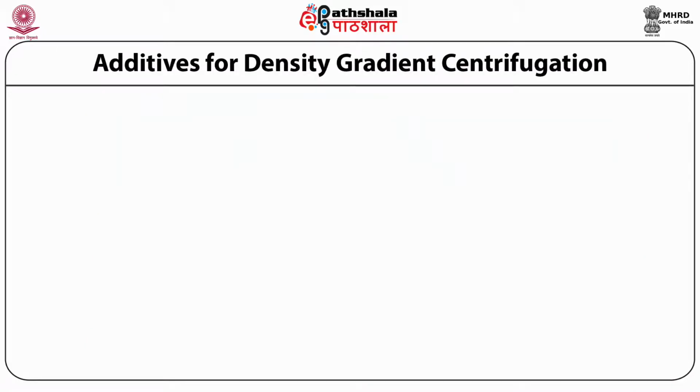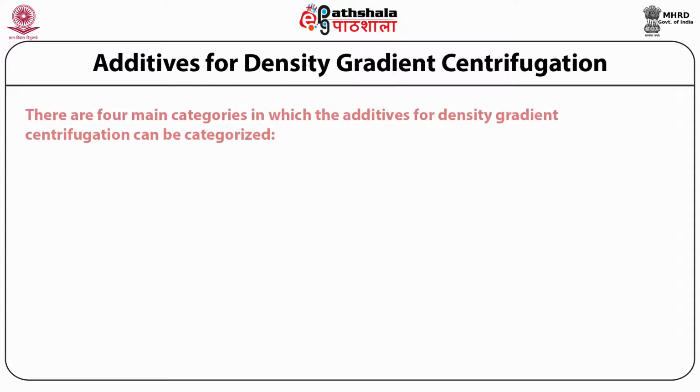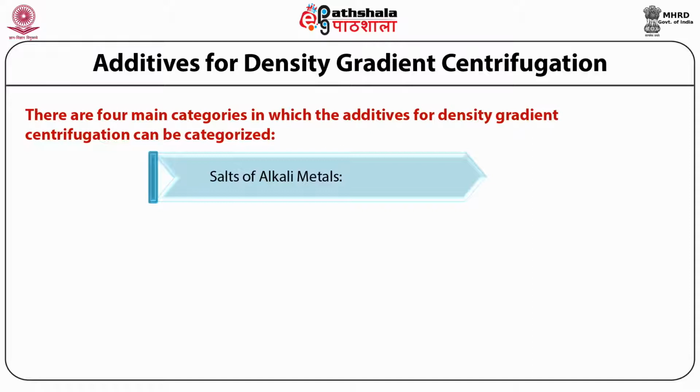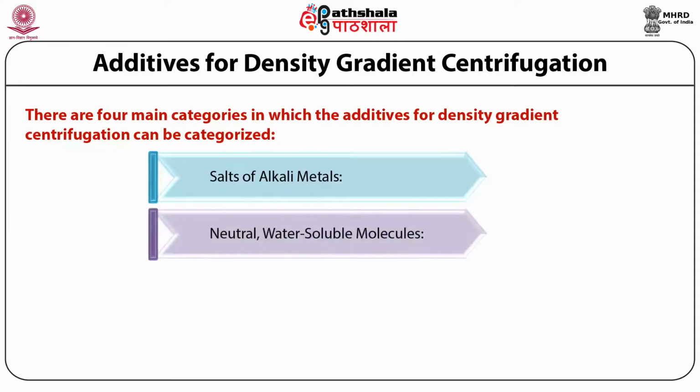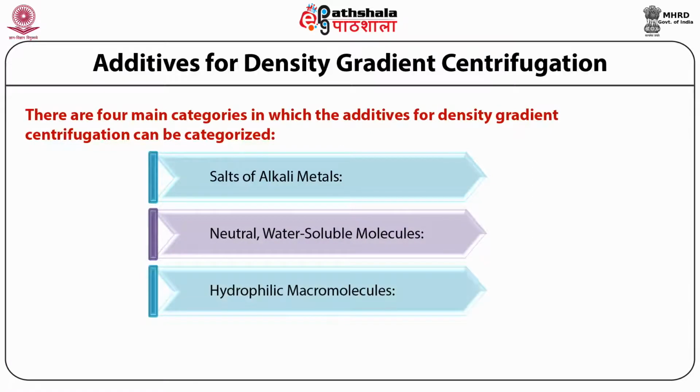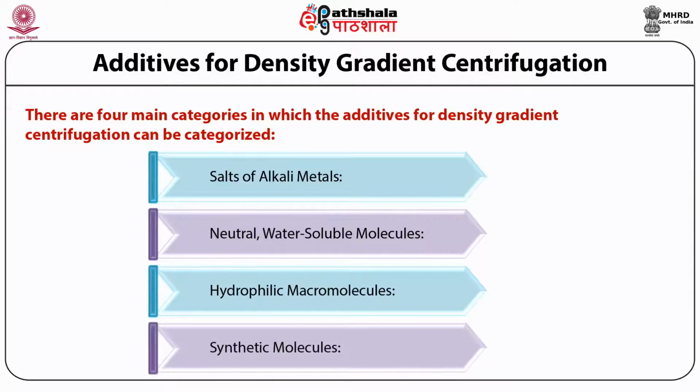We will discuss some additives used for density gradient centrifugation. There are four main categories in which the additives for density gradient centrifugation can be categorized. One is the salts of alkali metals, second is the neutral water soluble molecules, third is the hydrophilic macromolecules, fourth is the synthetic macromolecules. So let's discuss first the salts of alkali metals. These solutions fulfill almost every requirement for being a good medium.